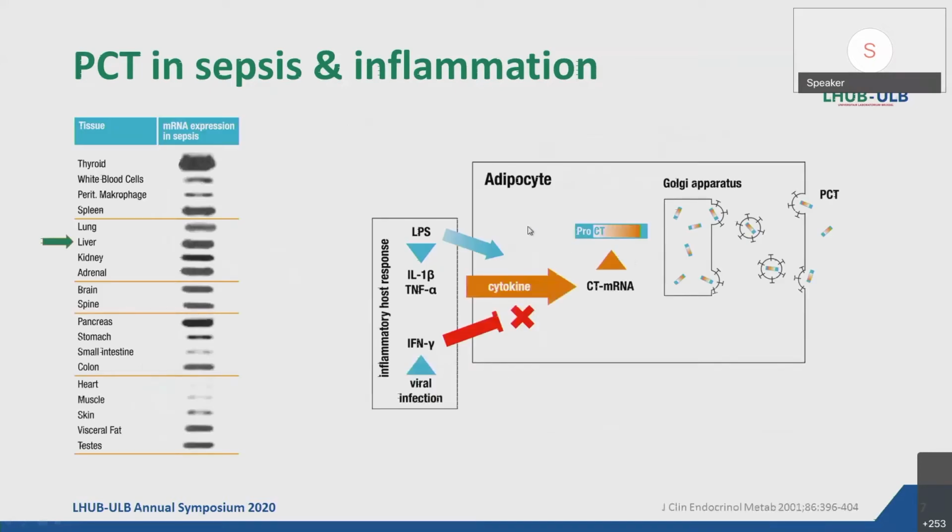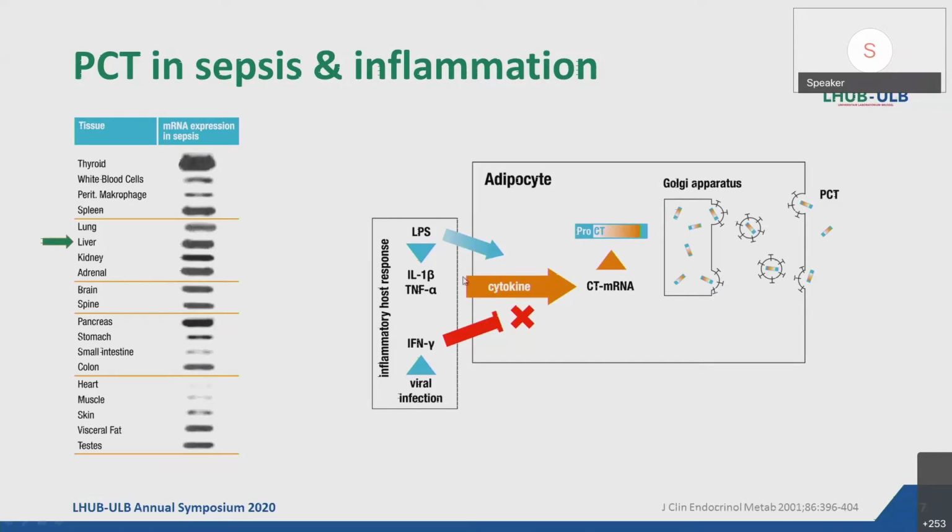So in these conditions, in sepsis, but also in other types of inflammation actually, pro-inflammatory cytokines like interleukin 1 beta, TNF alpha, but also IL-6 will stimulate the expression of the gene and the synthesis of procalcitonin.